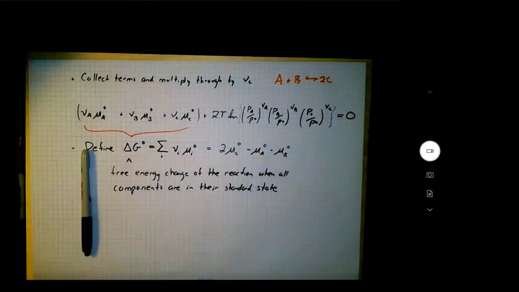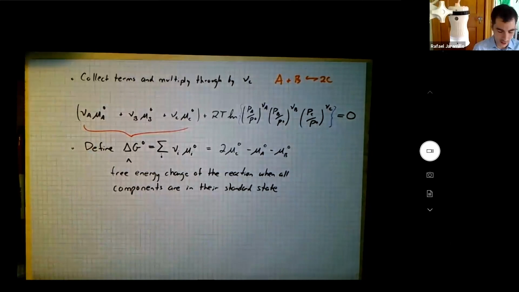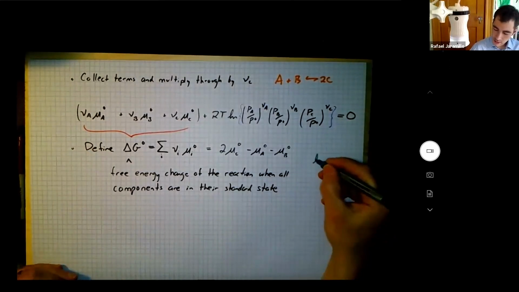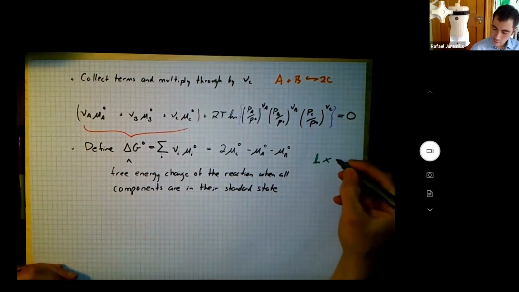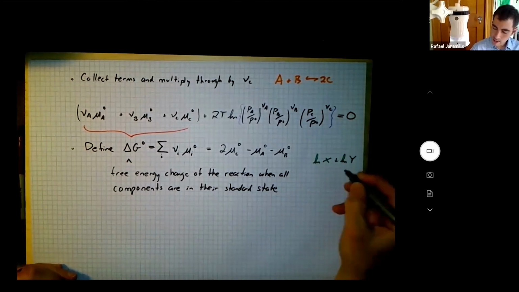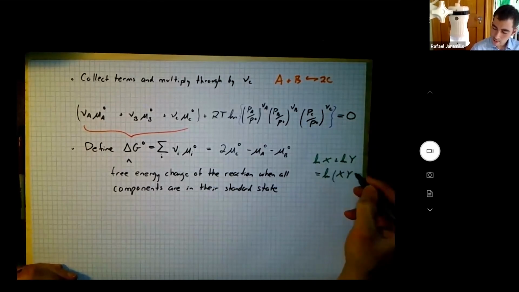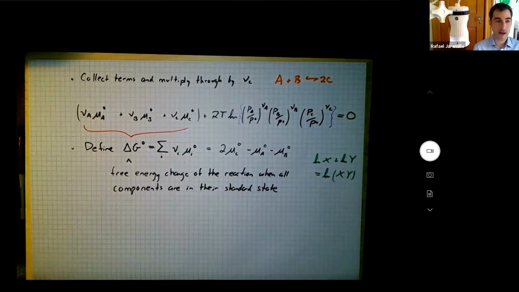And that just comes from the properties of natural logs: natural log x plus natural log y equals natural log xy. So we just applied that sum product rule multiple times.